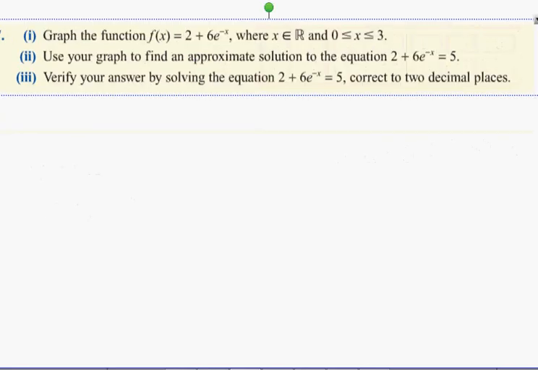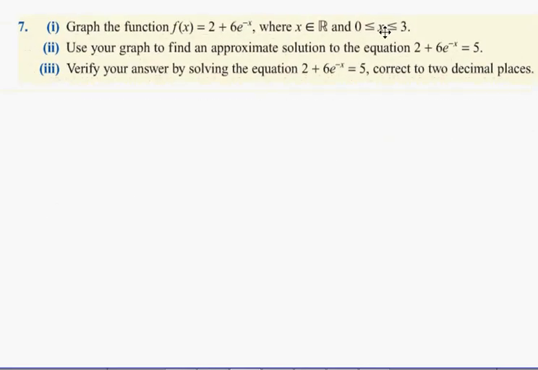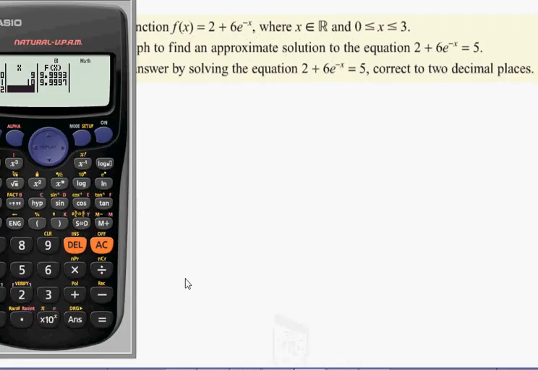Okay, number 7. Graph this function from 0 less than or equal to x less than or equal to 3. So once again, you just use your calculator, quickly do it. You do 2 plus 6 e to the minus x. I often do more than I have to, just because I like to have more information.